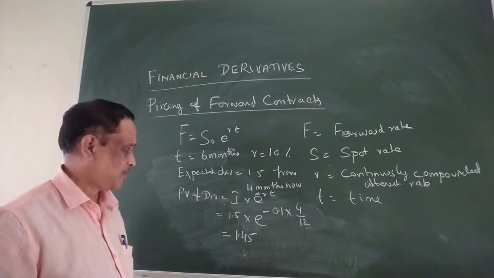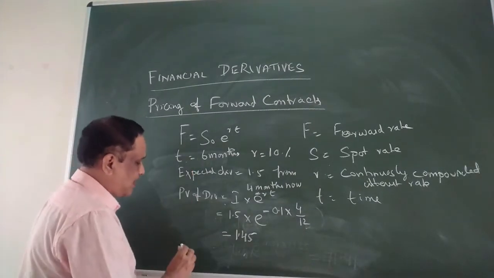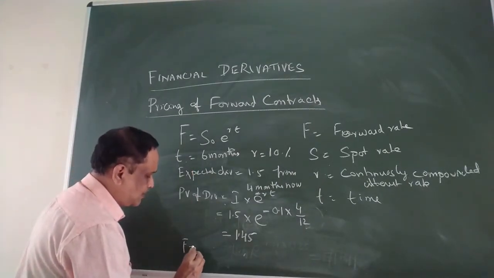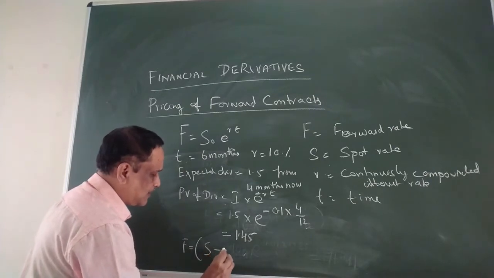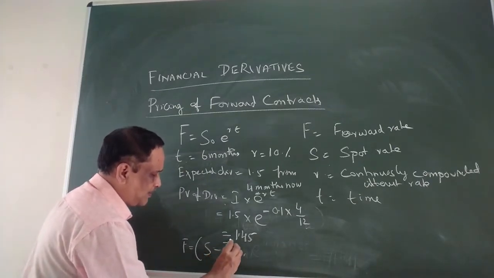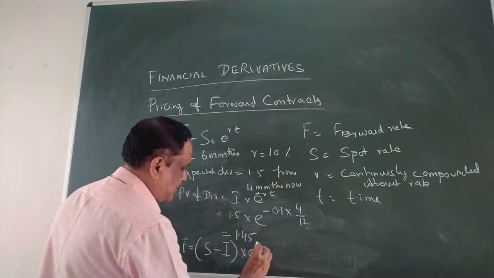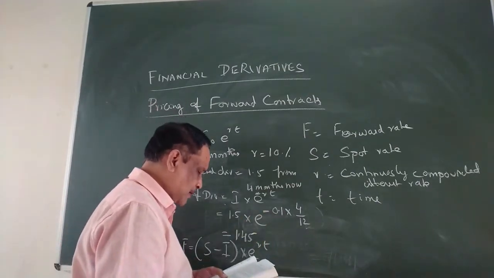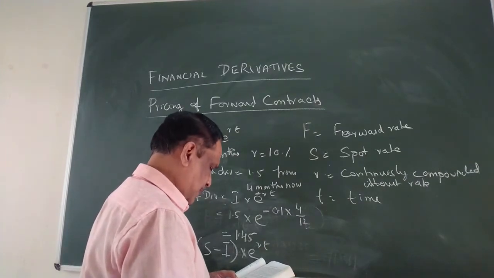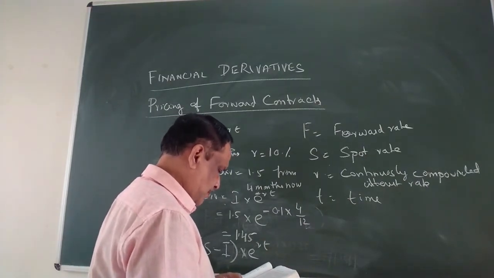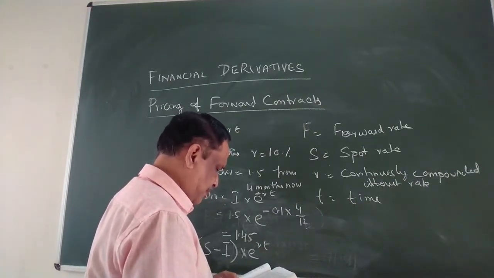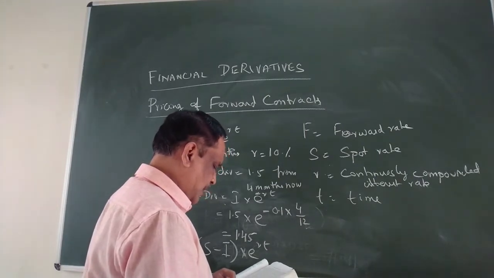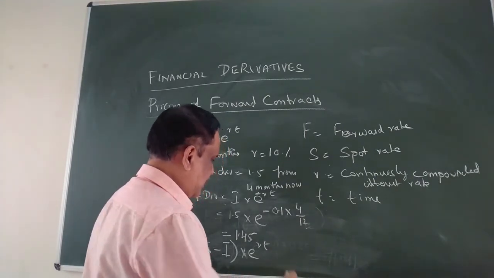Now we have to calculate the forward rate. For the forward rate, you take the spot price minus the present value of the dividend, multiplied by e power RT. The share price is 38, it is given.